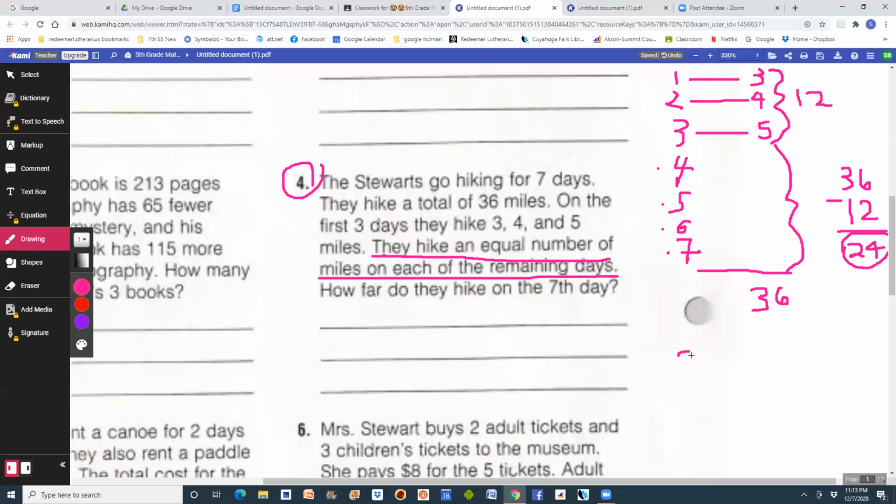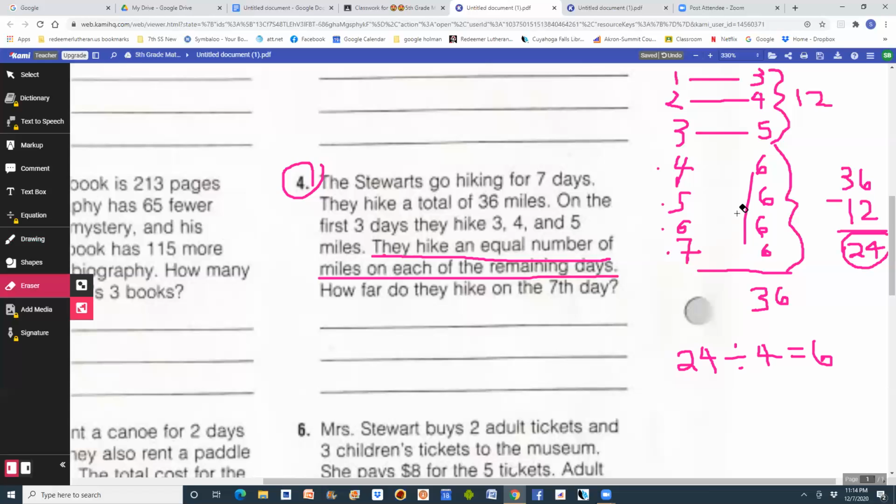So that looks like 24 divided by 4 to me, which would give me 6 miles a day. So let's see what happens with that. 6, 6, 6, and 6. Does that all add up to 36? Yes, it does. And I think it meets all the requirements of the story in our problem there.